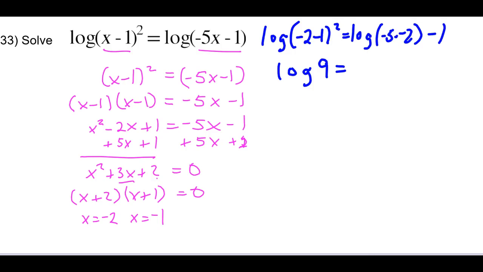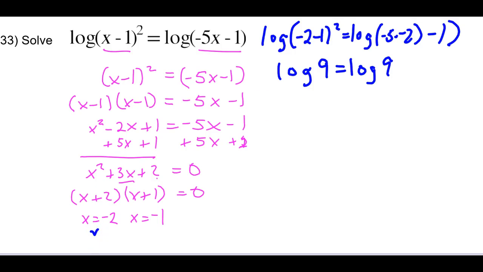And over here I get the log of -5 times -2, which is 10, minus 1, which is 9. So that one checks. -2 works.